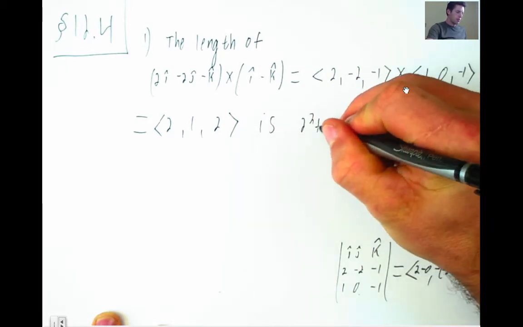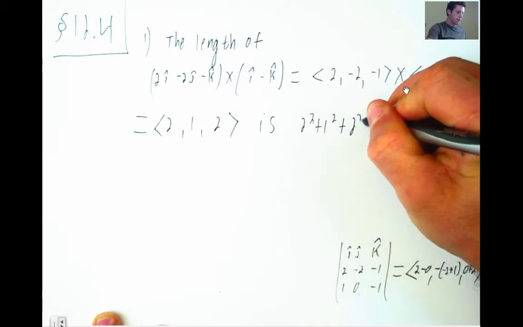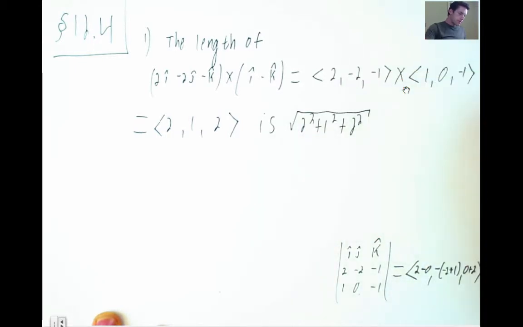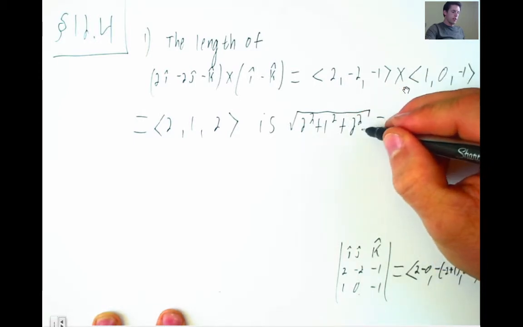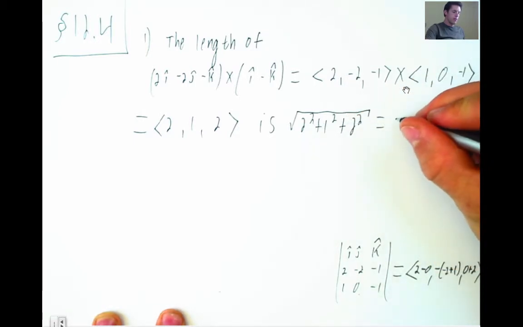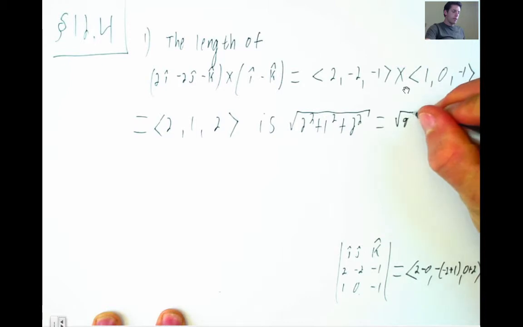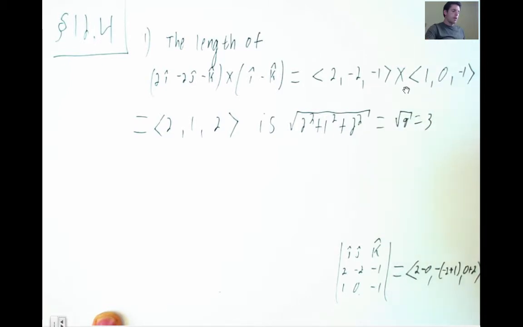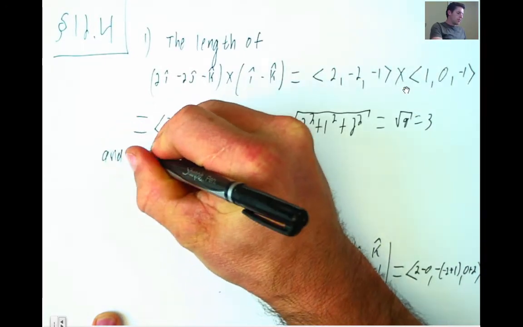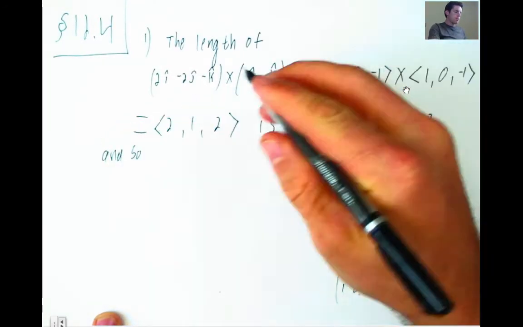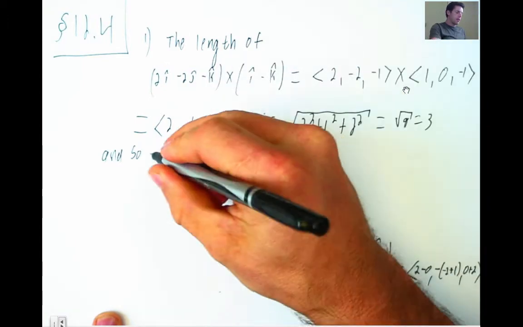The length is 2 squared plus 1 squared plus 2 squared, which is, let's see, 4, 6, 7, 8, 9, square root of 9, oh, but that's 3. And so the object I'm talking about is the cross product here.